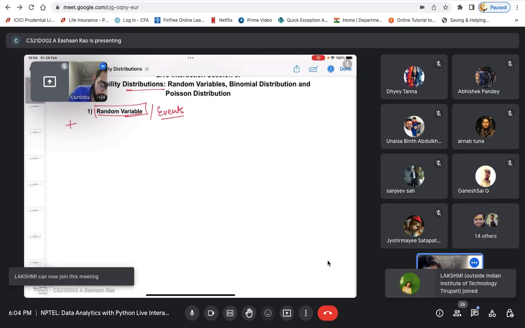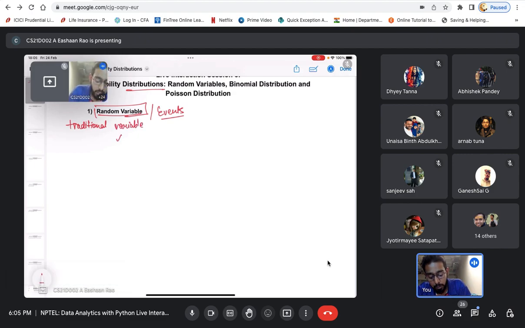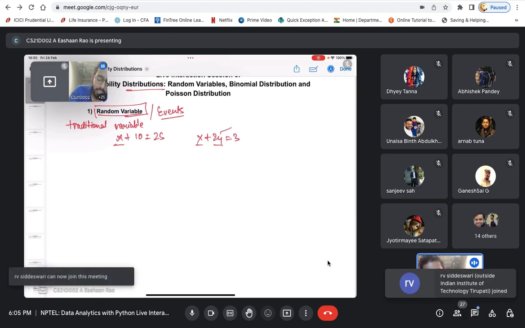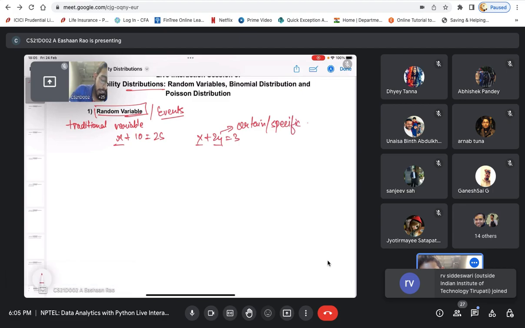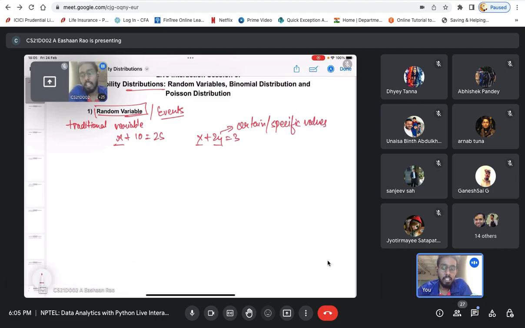In a traditional variable, you might have x plus 10 is equal to 25, and you have to identify the value of x, or x plus 2y is equal to 3, and you want to extract the value of x or y. These are variables with certain, specific values. It can be changed, but only one value can be there at a time.